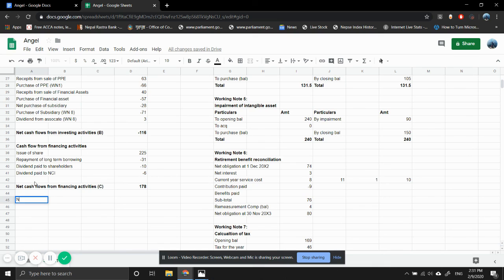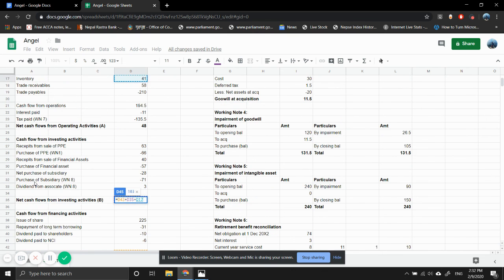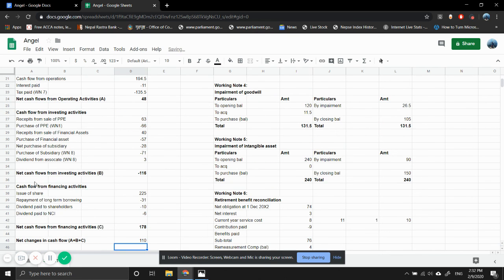And then this will be net changes in cash flow, A plus B plus C. So what we will do is this plus 48 here.